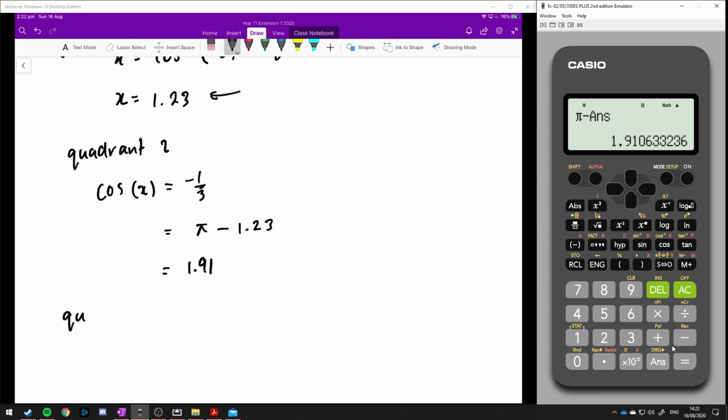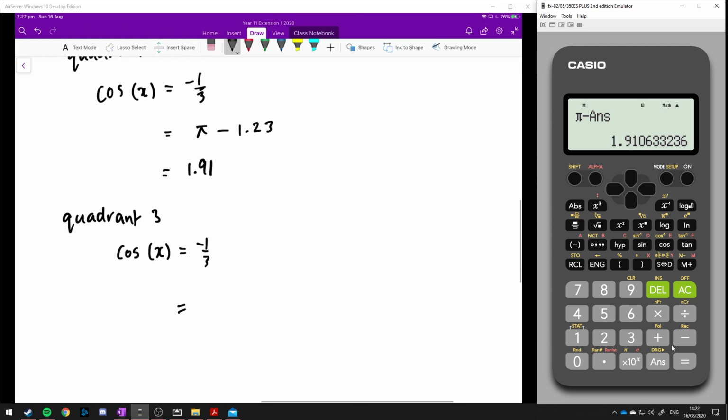And for quadrant 3, cos of x again is equal to negative 1/3. It's equal to pi plus 1.23. So we hit shift pi plus our answer from before, and we get 4.373, let's just say.